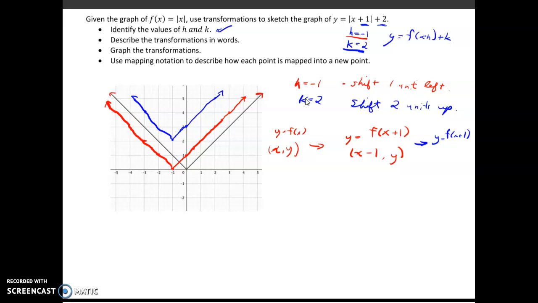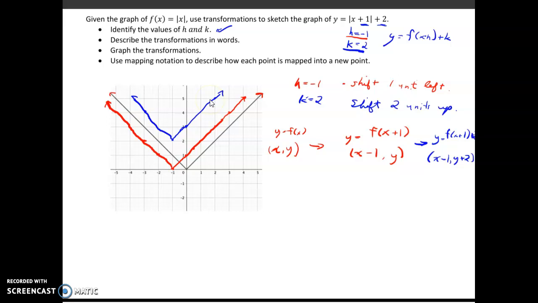Now, for our final transformation, we had y is equal to f of x plus 1. I needed to shift this up 2 units, so I'm just going to put plus 2. So what we have is x minus 1. The x values are from the red. We borrowed those, and we simply added 2 to each y value. I hope that helps. So again, here's h and k.